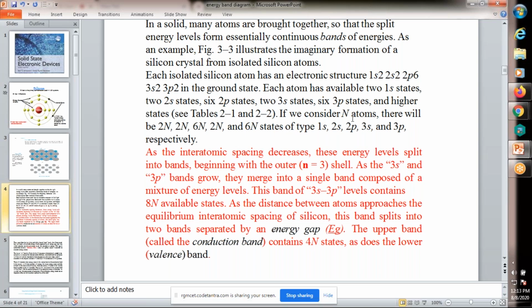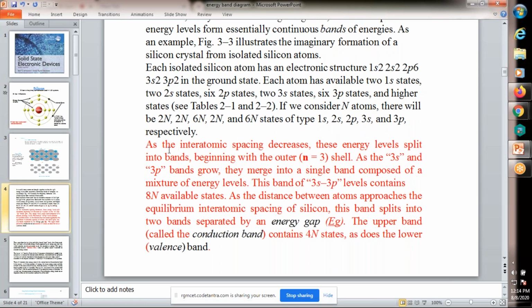Now, if we consider n atoms, there will be 2n states related to 1s, another 2n related to 2s, then 6n related to 2p, another 2n related to 3s, and another 6n states related to 3p. The maximum state is 3p6, so that is 6n states respectively.